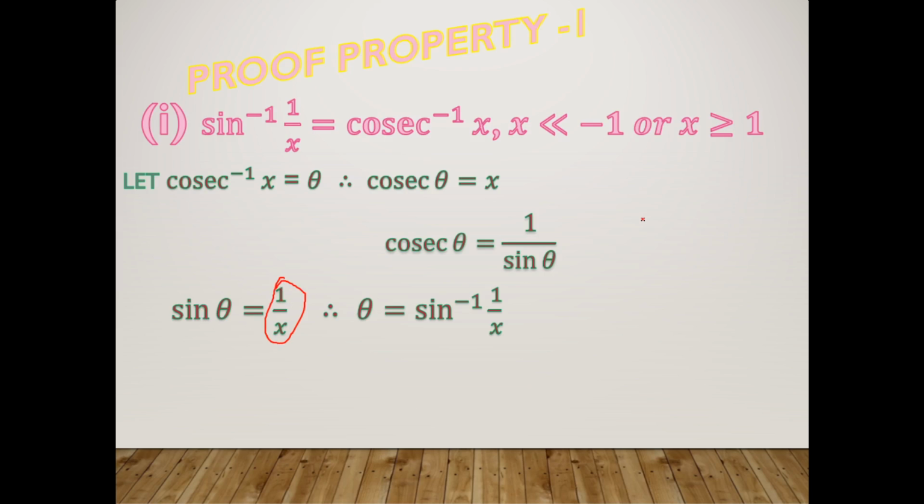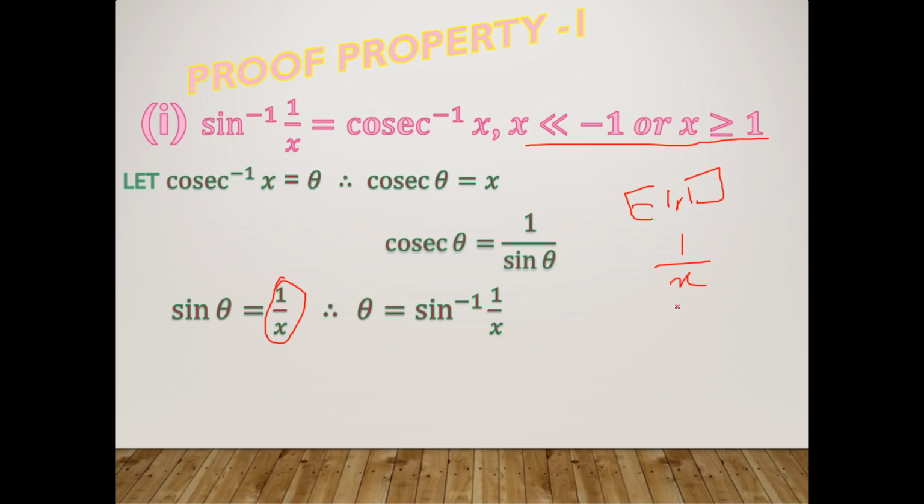So we all know that the domain of sin inverse is minus 1 to 1, right? So if 1 by x has to be in the domain of the sin function, then it must be in this interval for all these values of x. So 1 by x must lie in this interval minus 1 to 1, including 1 and minus 1.